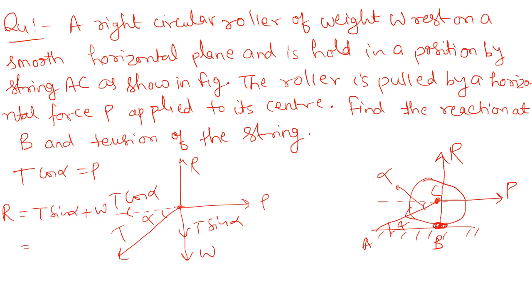So when you put the value of T from equation 1 into equation 2, you get T as P upon cos alpha, so R equals P upon cos alpha times sin alpha plus W. Sin alpha upon cos alpha is tan alpha.